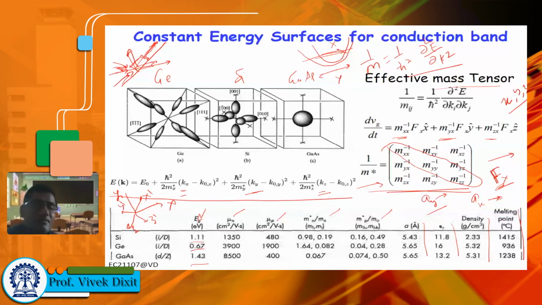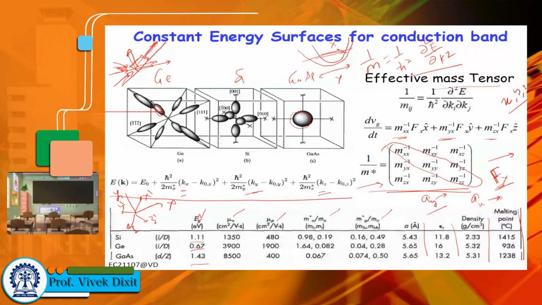Right? So from the constant energy surfaces, these are basically equations of the surface where the energy is constant. So for gallium arsenide, it is spherical, so it looks like s orbital, right? For germanium and silicon, it looks like p orbital. Now you notice one more thing here. This is elongated, right?